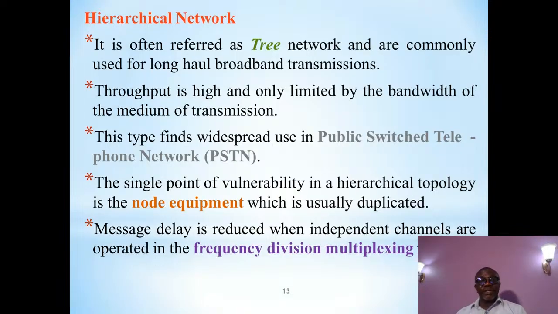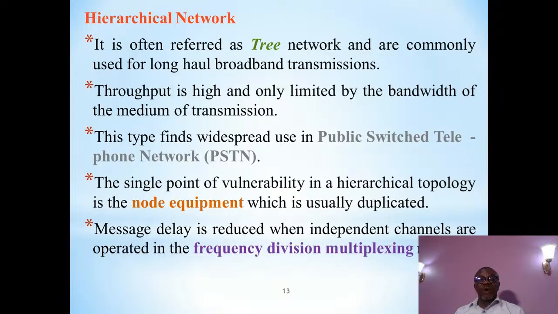We call it long-haul broadband transmission. So efficiency is high and only limited by the bandwidth of the medium of transmission. Of course, we will continue to define the bandwidth, which is, in this case, a result of the number of channels that are allocated for your transmission.